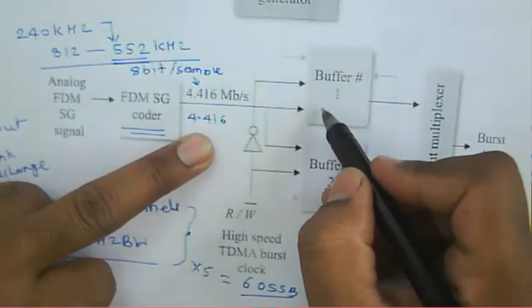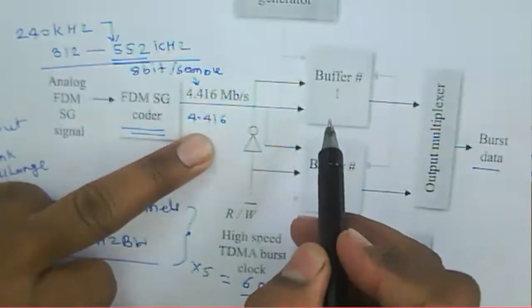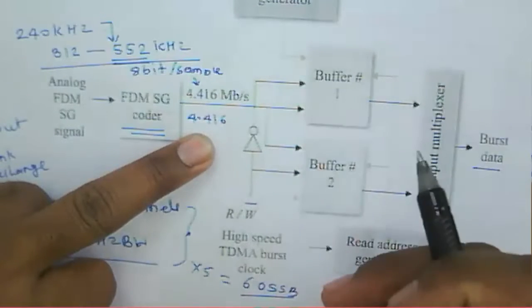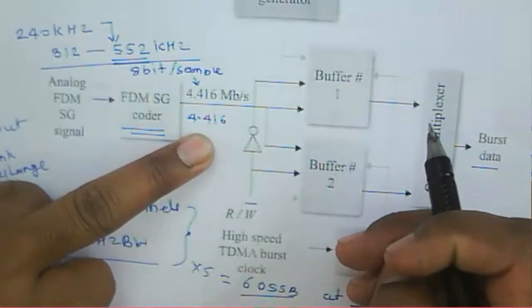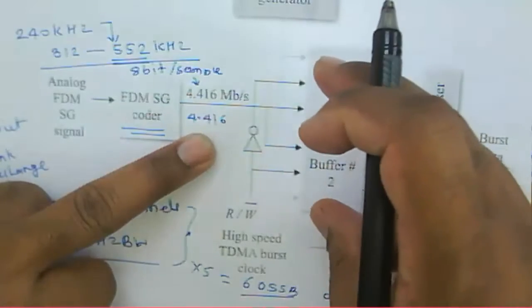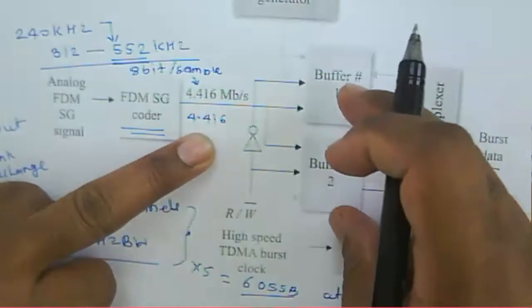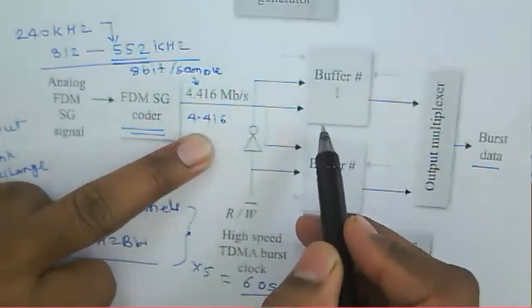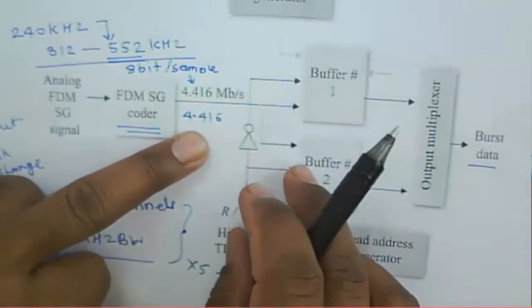The same concept we have seen earlier, that one buffer will act as reading the data and another buffer acts as writing the data, and these act as a compression buffer, and that buffer stores the samples in a TDMA frame.